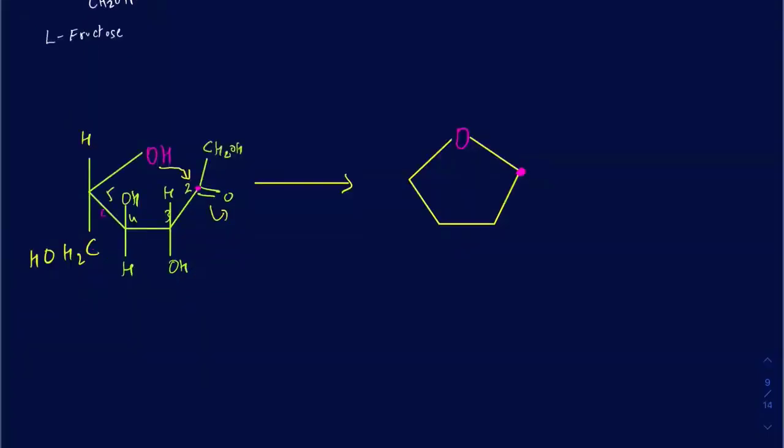Once you have made the 5-membered ring, go ahead and put down all your hydroxyl groups and the CH2OH group there. So on this carbon atom here, we're going to have the H going up, OH coming down, and on this next carbon atom, the OH is going up, H is coming down. On this next carbon atom, you've got the CH2OH going down and the H coming up here.